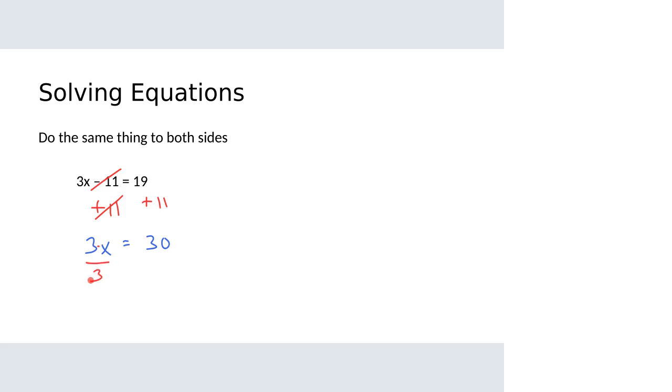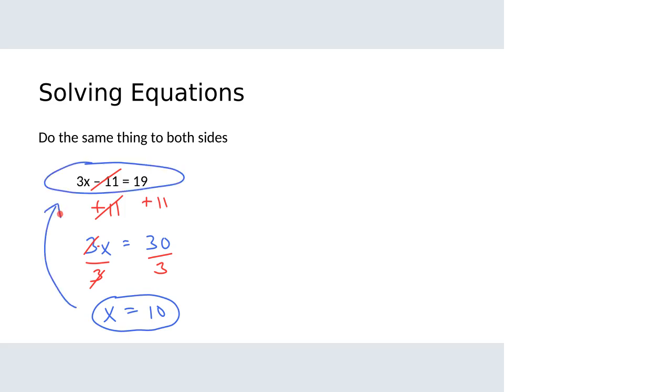We're going to divide by 3 on the left. That makes these cancel. That was our whole goal, was to get rid of that 3 so we'd have x by itself. If we divide by 3 on the left, we'll also divide by 3 on the right. And that leaves us x over here and 10 over here. And we have now solved this equation. We know that this would be a true statement if x is 10.